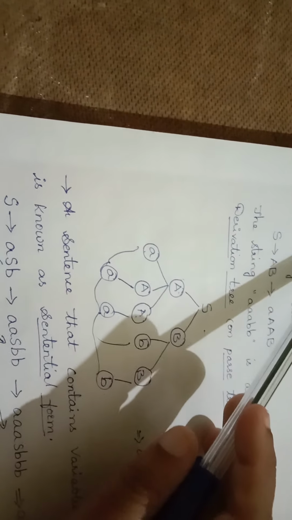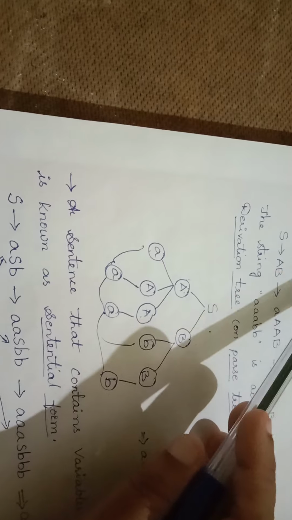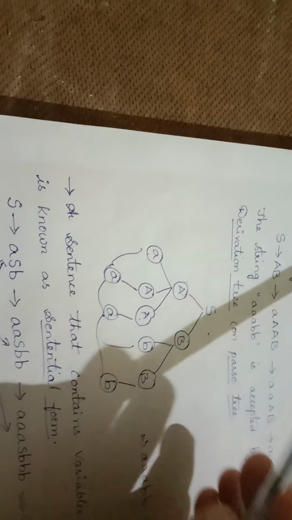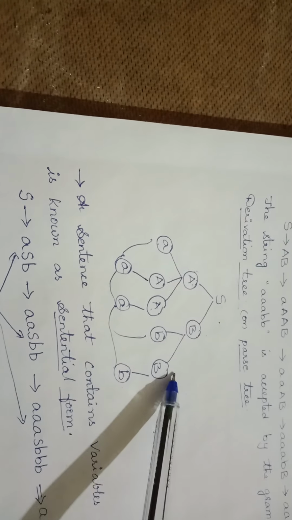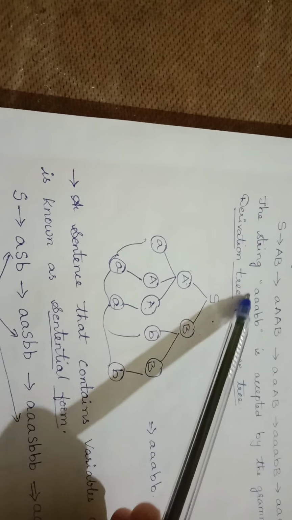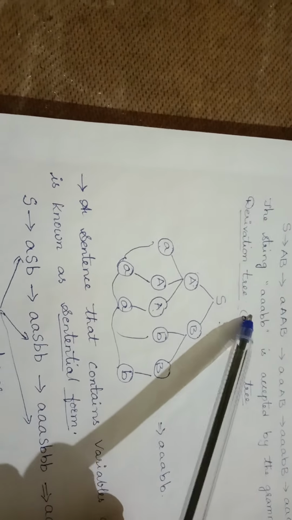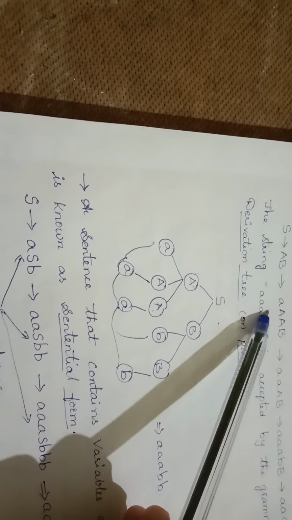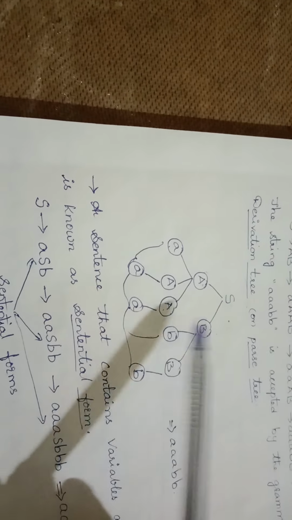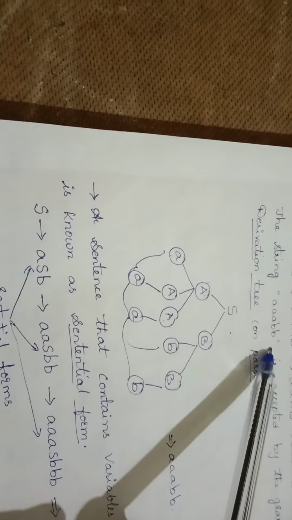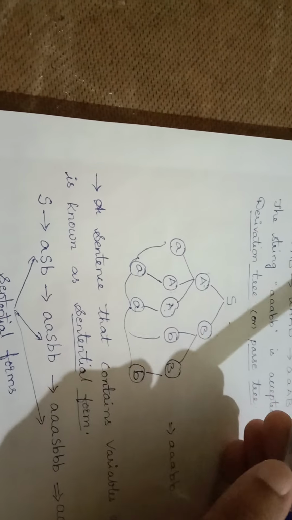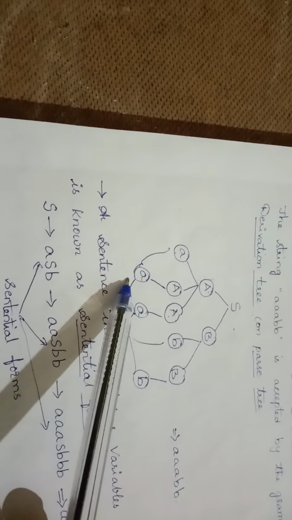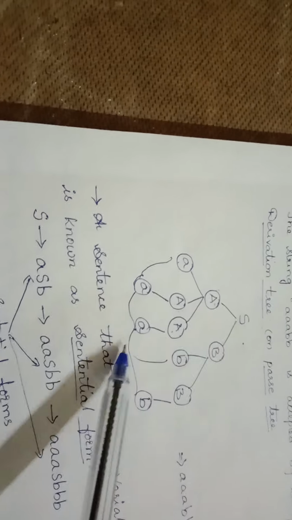Now for A we have two options, but we need to construct this derivation tree to satisfy the input string. So we need to derive the input string, which is aaabb. So for that reason, for A we are going to consider A → aA, again A → aA.